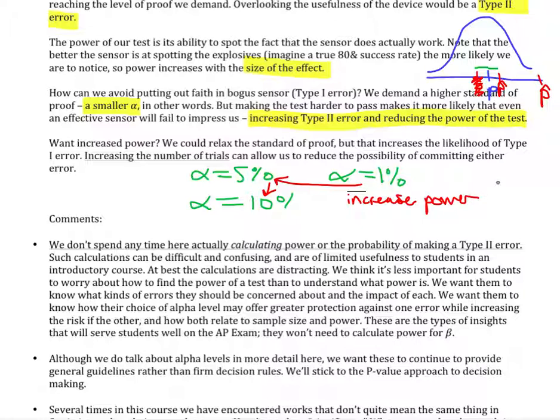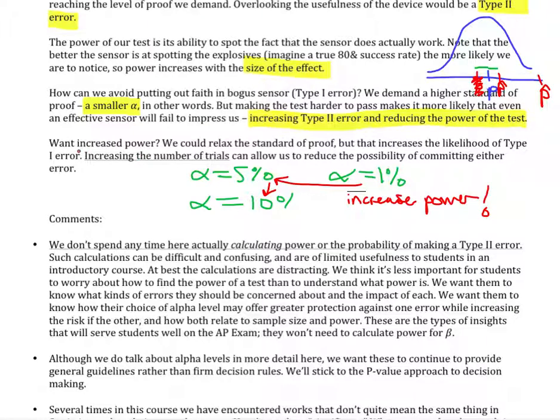And I think the reason for that, you should understand, is power is a rejection. It's rejecting when you should reject. So even though you increase the chance of making a type 1 error, you also increase the chance of actually making the correct decision and rejecting something that's false. Okay? So I think that's the easy way for me to understand that.